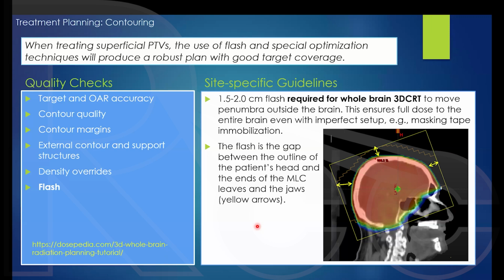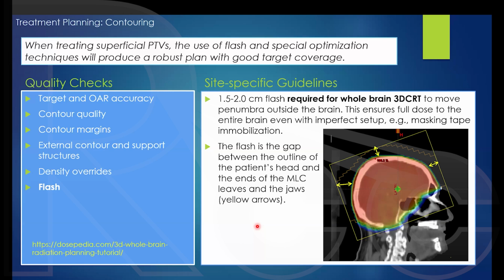You may risk having lower dose at the periphery of the brain. But at UCSF, one of my mentors showed me that when she's not worried about marginal misses in the brain, she will sometimes treat patients without flash.